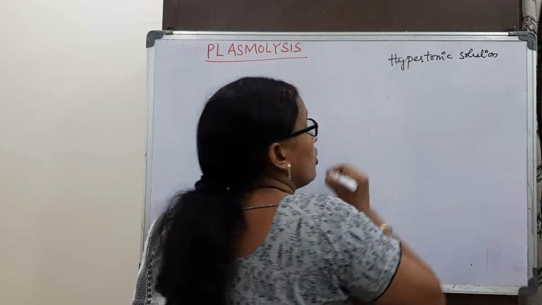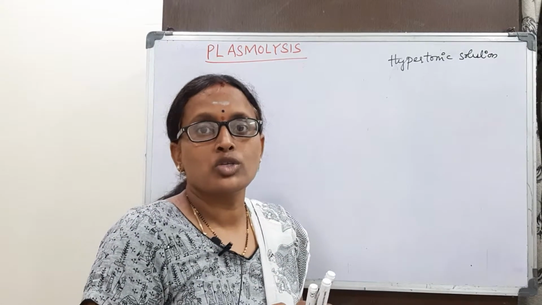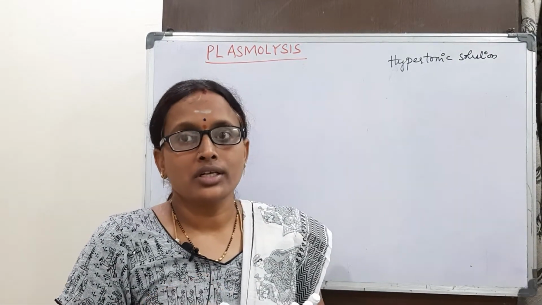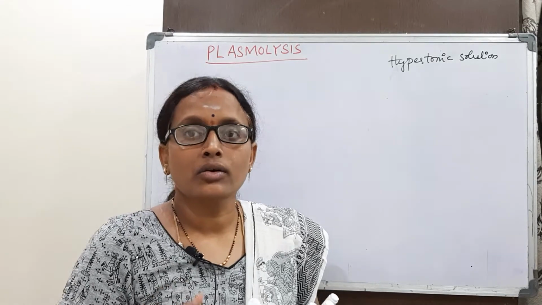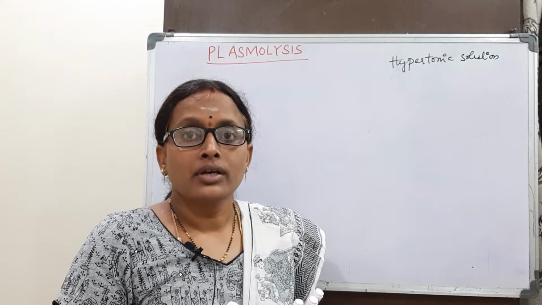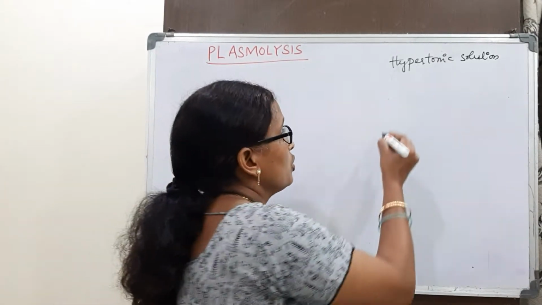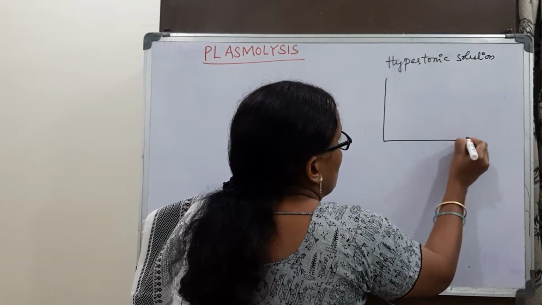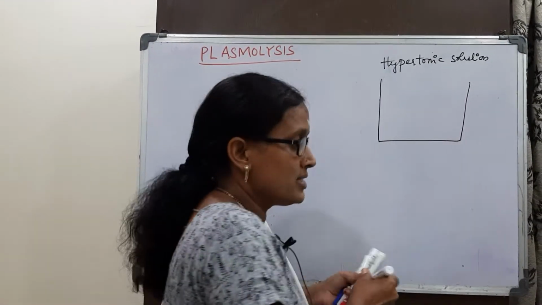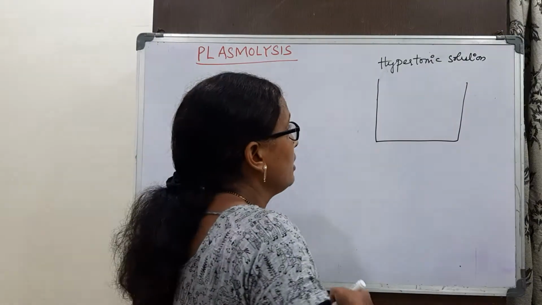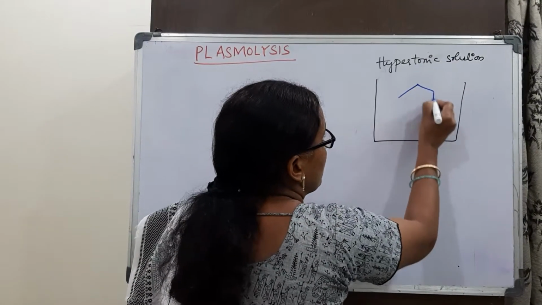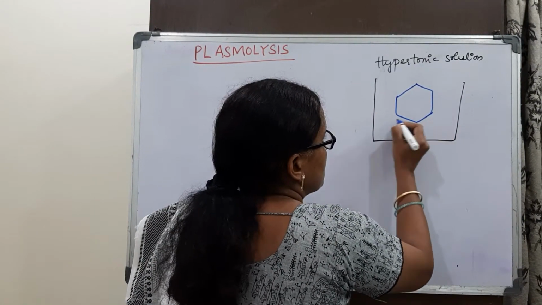If the concentration of the outside environment solution is higher than the concentration of the cytoplasm, then it is called a hypertonic solution. So when a plant cell is kept in the hypertonic solution, this is the plant cell.